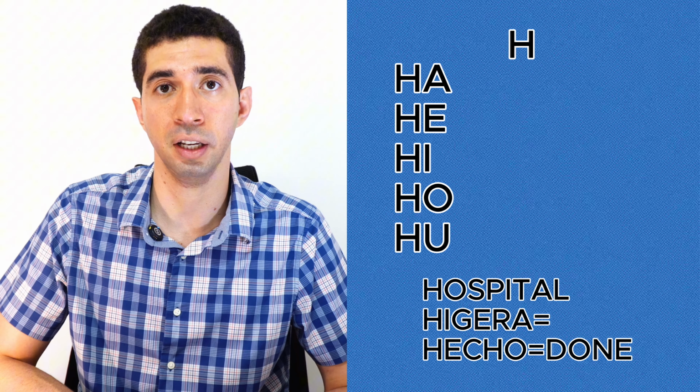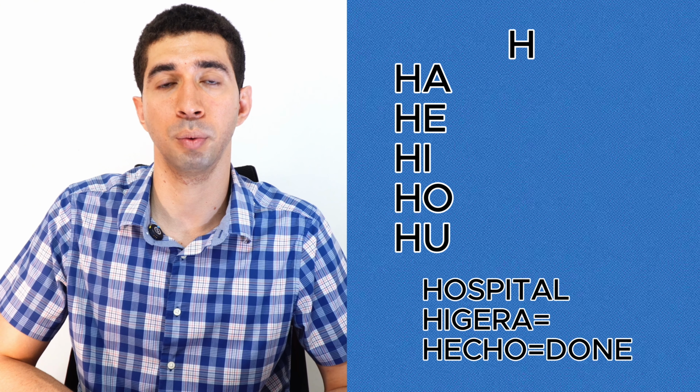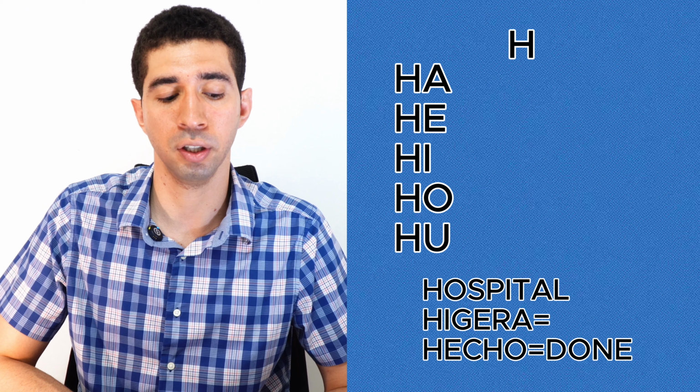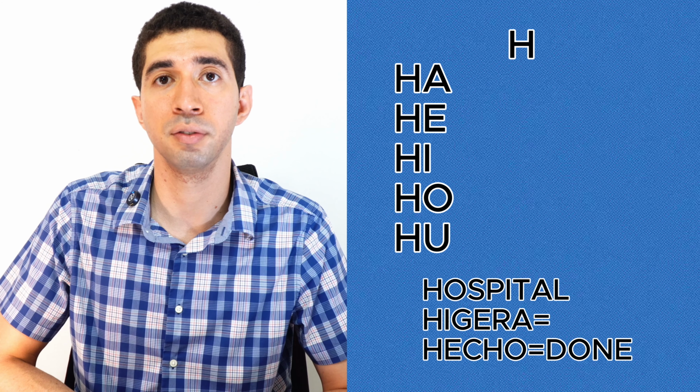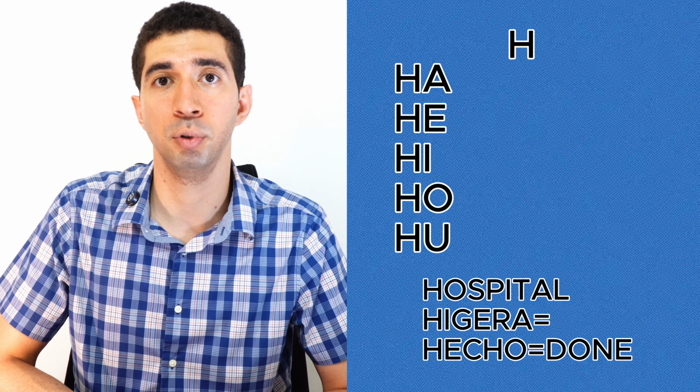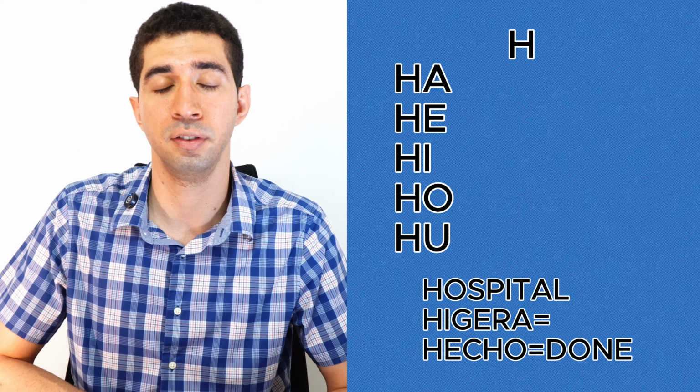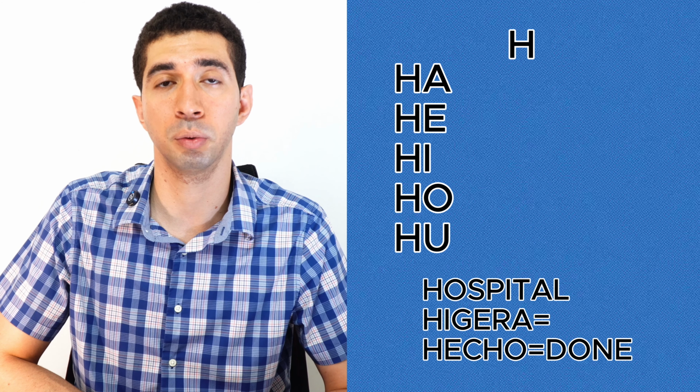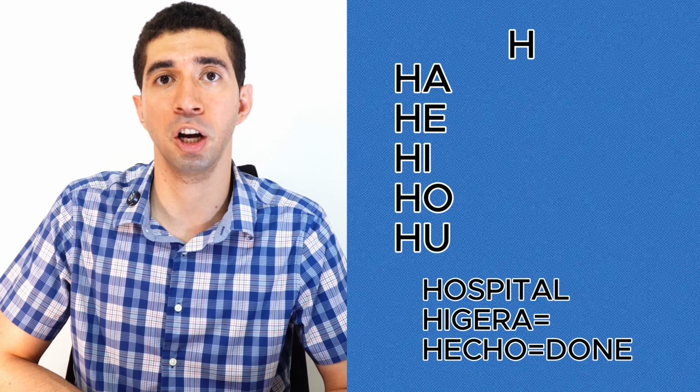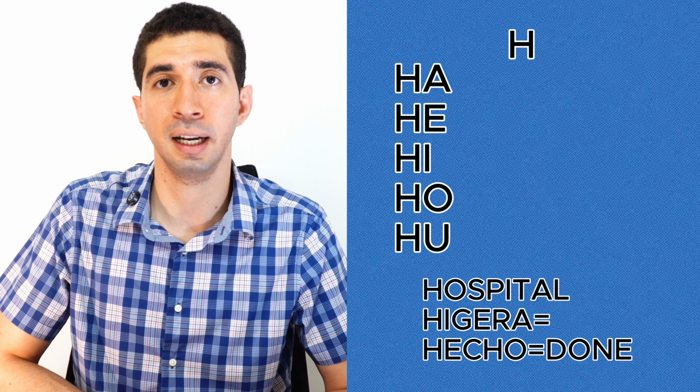The next one is H. The H in Spanish is silent. So what we have to do is only pronounce the vowel. A lot of people tend to mispronounce the H as you do it in English. For example, the word hospital, you pronounce it as ospital. The H is silent.